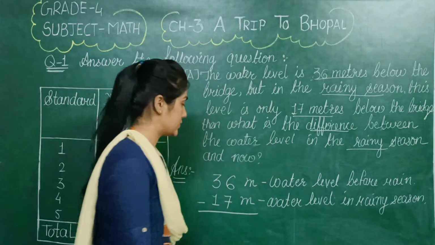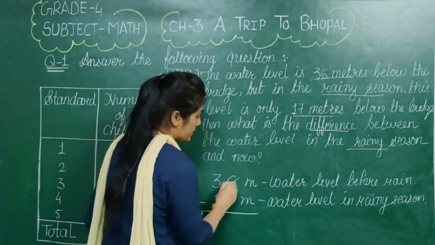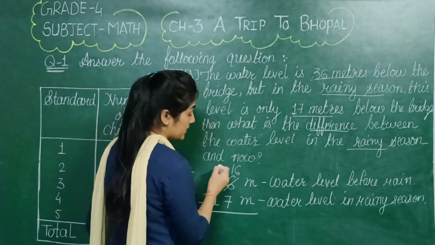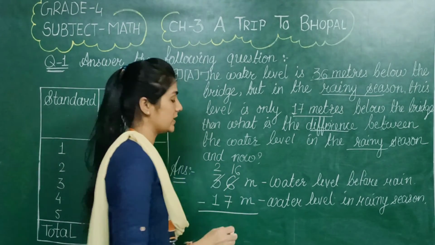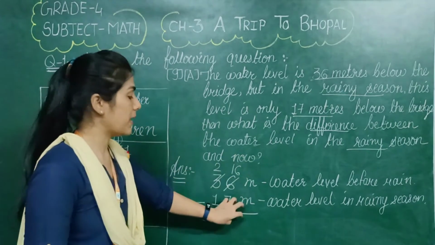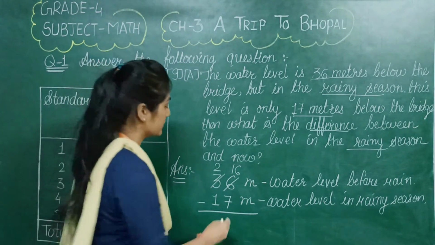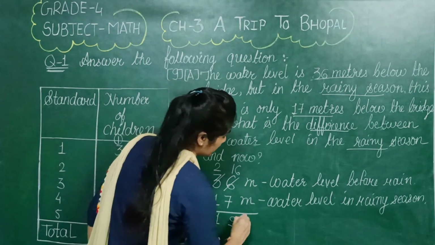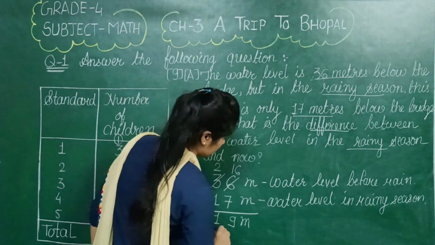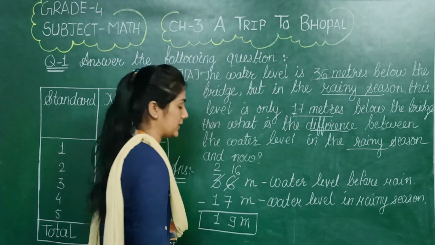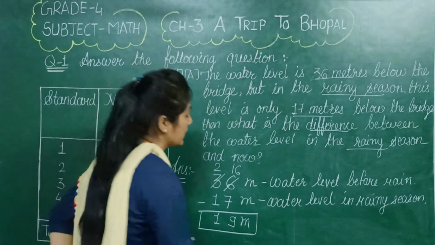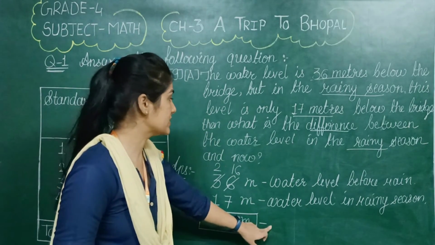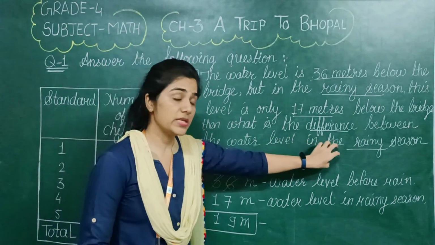So simple subtraction will come: from 16 we have to subtract this 7, and above this 3 we put one less, which is 2. So 16 minus 7 you will get 9, and 2 minus 1 you will get 1. That means we have found a 19 meter difference. We can write the answer in front of this 19: the difference between the water level in the rainy season and now.